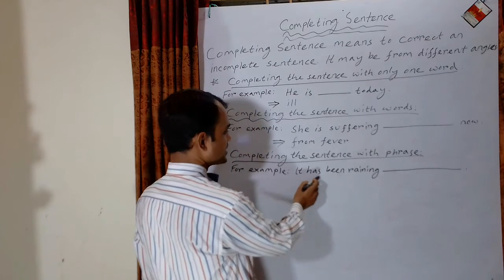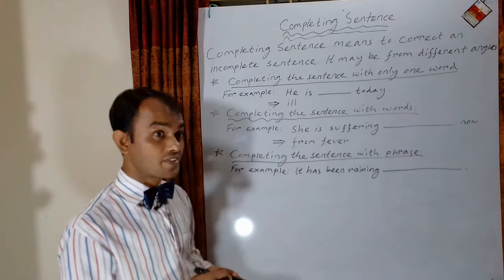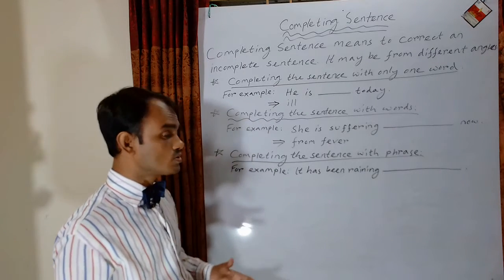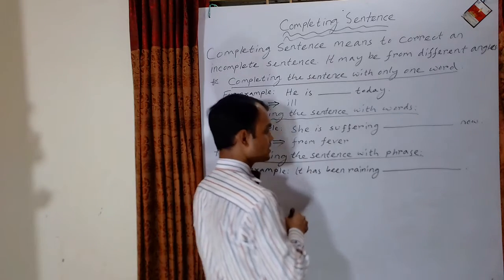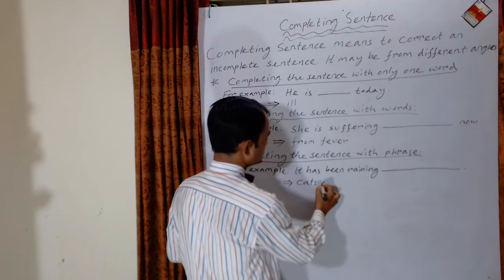Okay, it has been raining dash. We have to use a phrase that is a group of words. We have to use a group of words according to meaning. It has been raining.